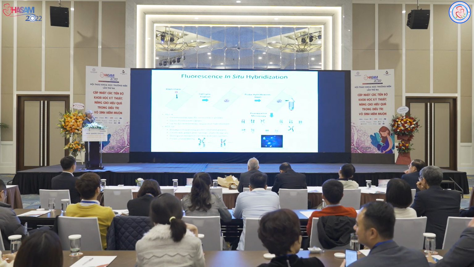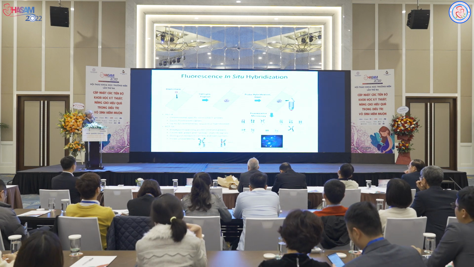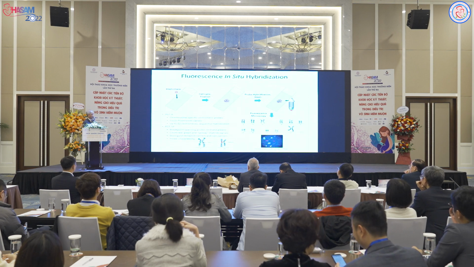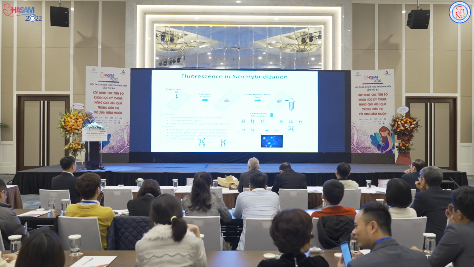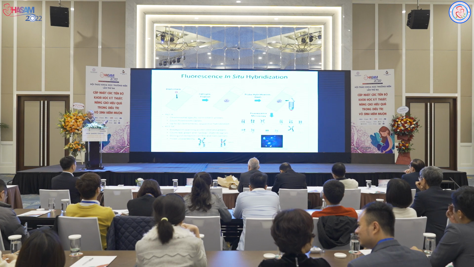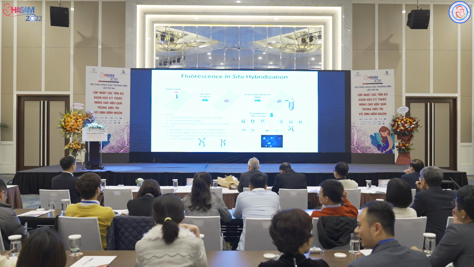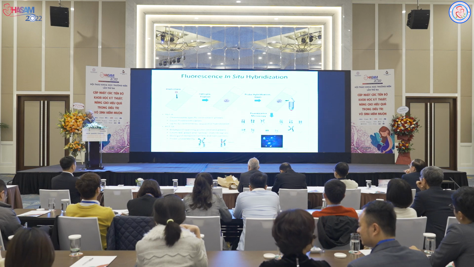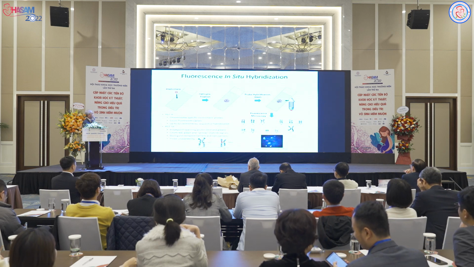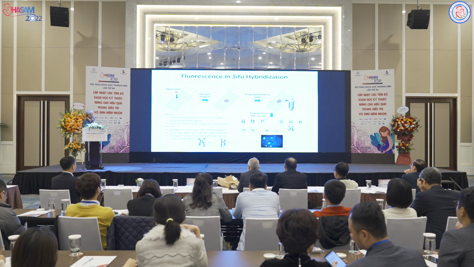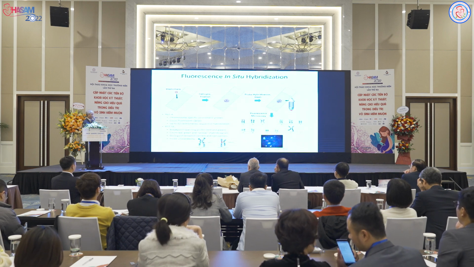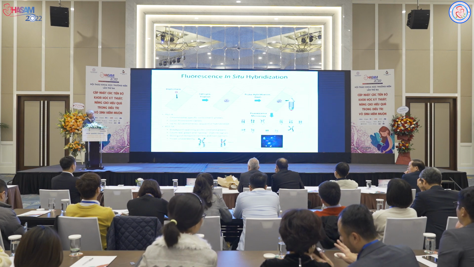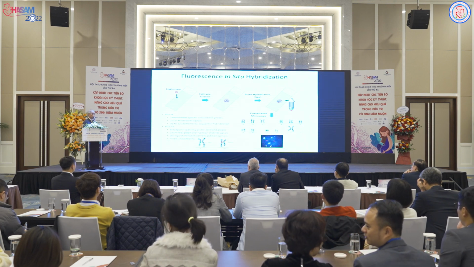Because the blastomere is not in the metaphase stage, you won't be seeing the chromosomes like I showed you for the karyotype, but you'll be seeing interphase fluorescence signals, and basically you count the fluorescent signals, and up to 12 centromeres have been analyzed from a single blastomere, but over sequential rounds of hybridization.